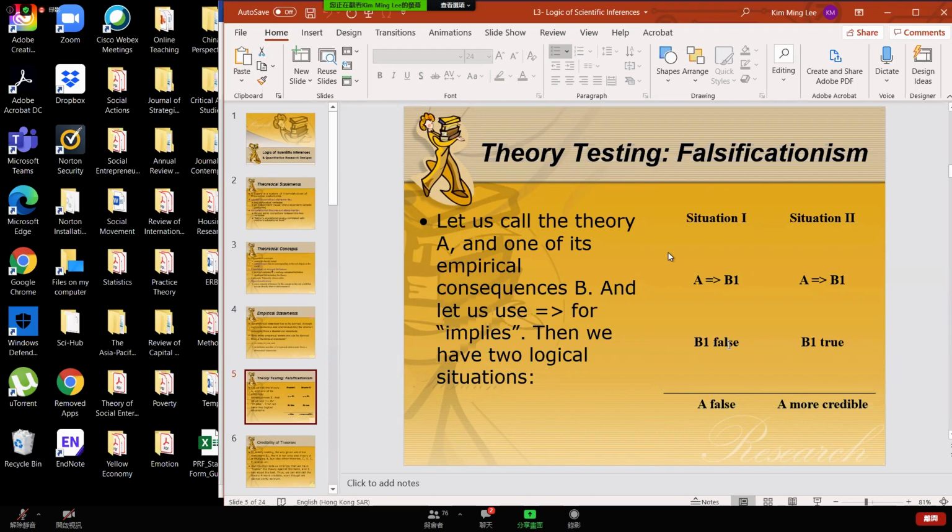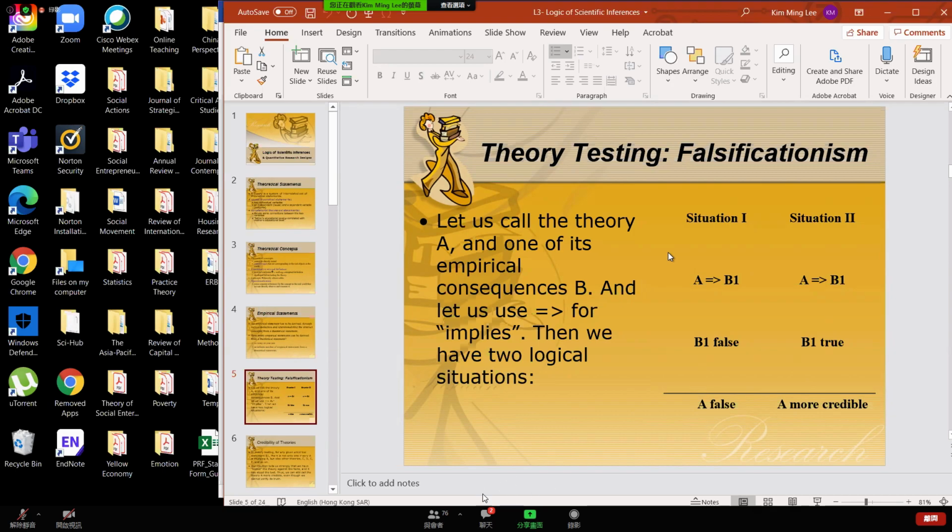By the logic of deduction, that means we can say that the theory is wrong. So this is A is false. But on the other hand, we find out that the empirical statement is true. What happened? According to the deduction, we cannot say A is correct. We can only say A is more credible.